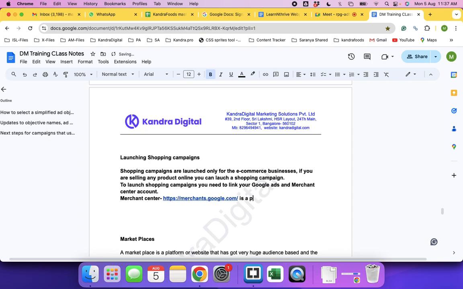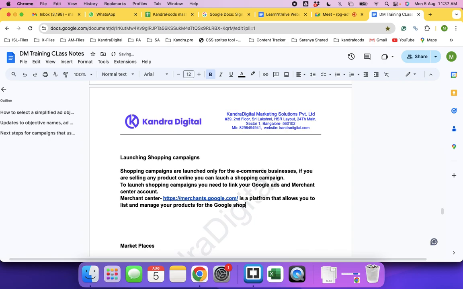Merchant Center is a platform that allows you to list and manage your products for the Google Shopping.